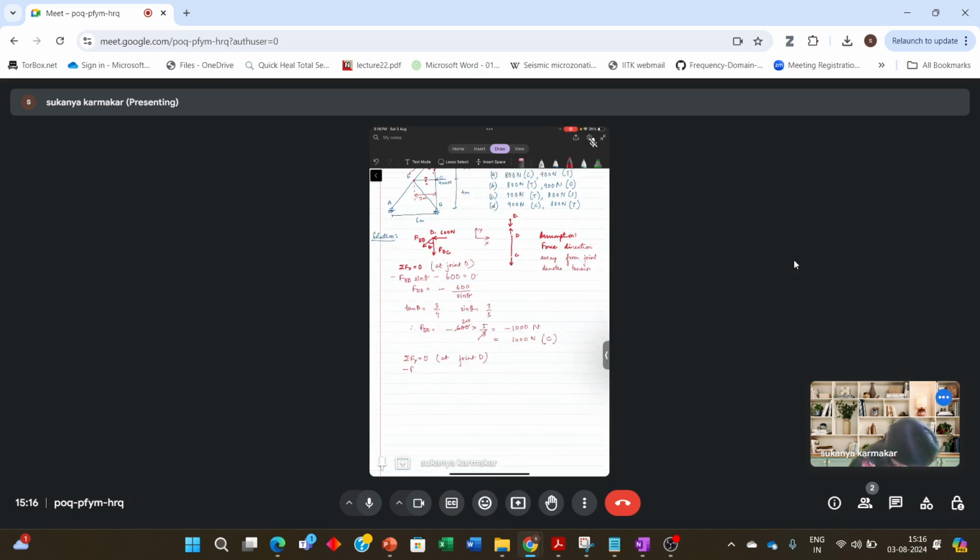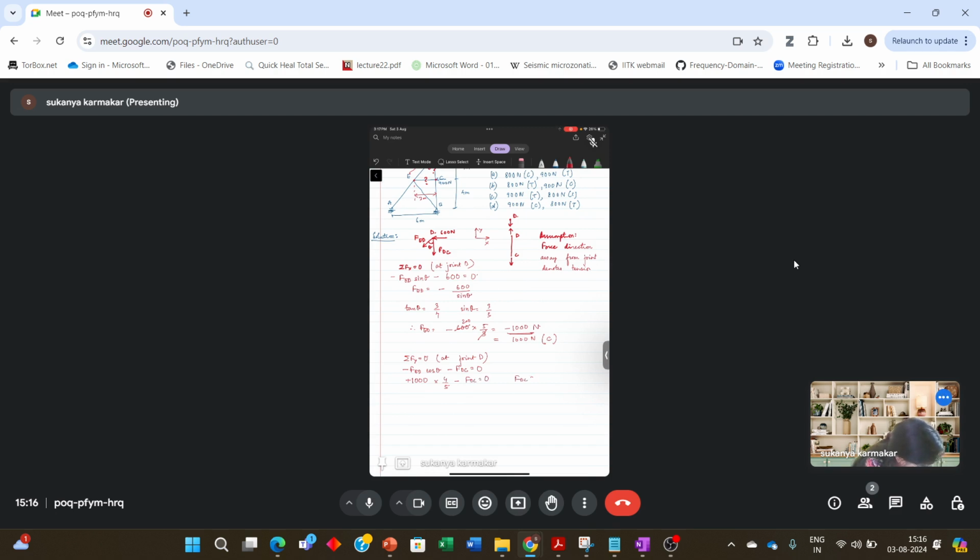So minus FED cos theta minus FDC is equal to 0. So minus, because I've taken force in the upward direction to be positive. So FED comes out to be minus 1000, right? So minus minus becomes plus. Cos theta will be 4 by 5 minus FDC equal to 0.